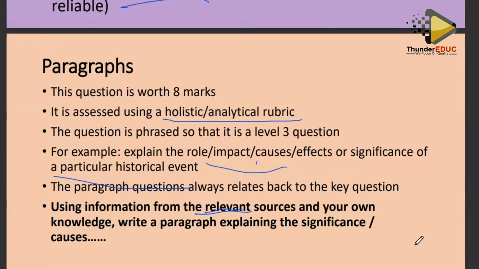You can only take from the relevant sources and not from every source. And also your own knowledge. If there's no part of own knowledge there, it means your paragraph is incomplete. There's need for own knowledge and evidence from all relevant sources. Write a paragraph explaining whatever there. Right.